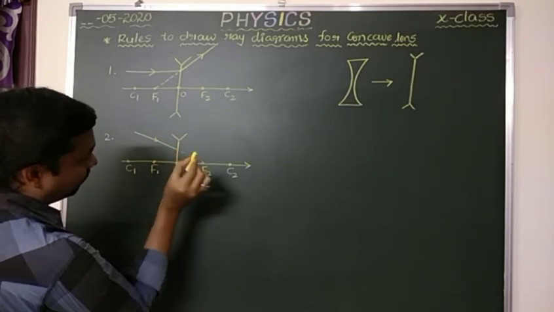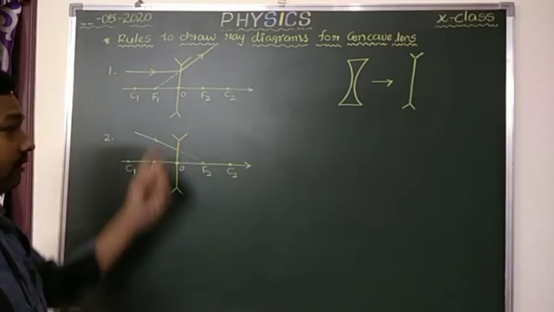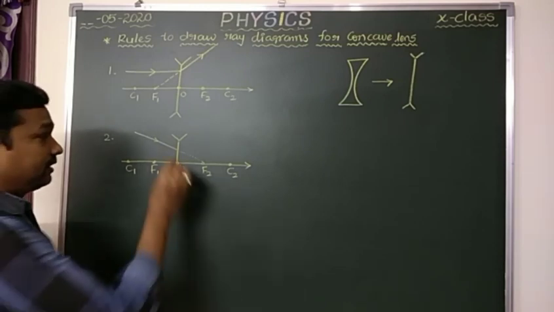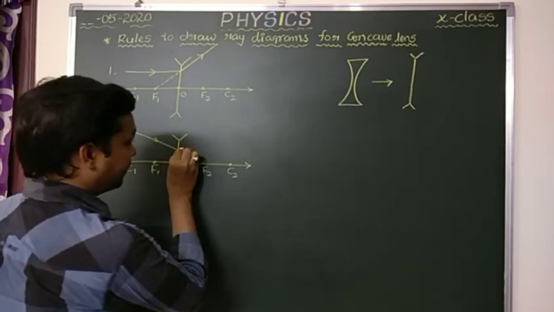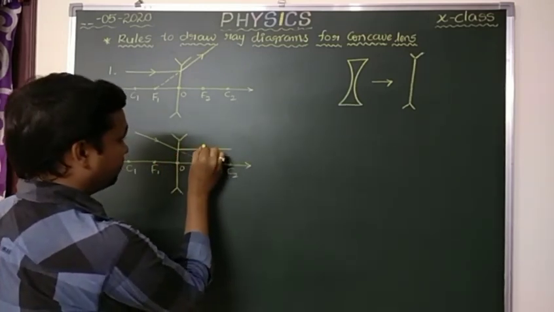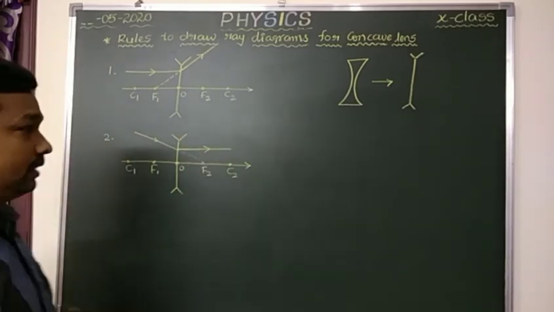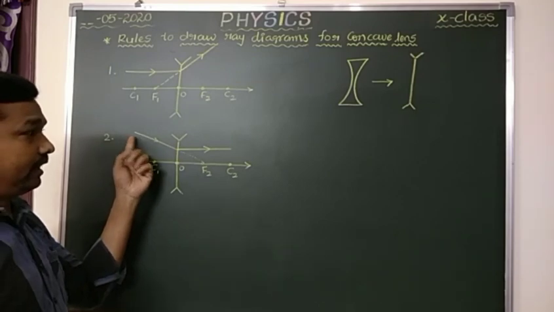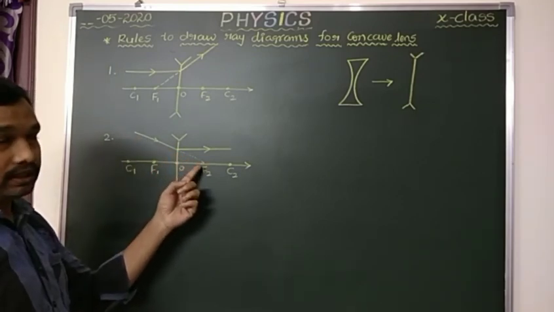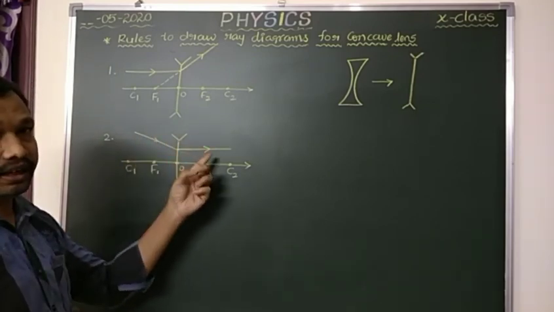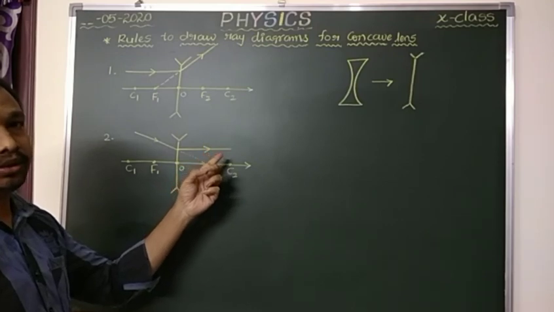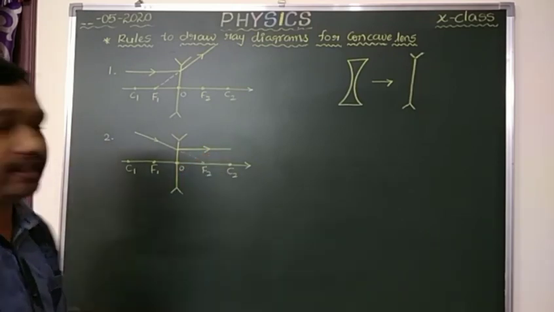Then what happens to the light ray after being incident on the lens? This light ray gets refracted, and the refracted light ray moves parallel to the principal axis. This is the second rule. Once again, if a light ray appears to be coming toward the focus, it gets refracted, and the refracted light ray always moves parallel to the principal axis. This is the second rule.